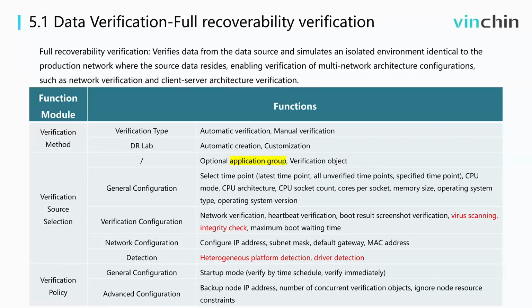For verification source selection, we support optional application group verification object. For the general configuration, now support the select the time point, the CPU mode, CPU architecture, CPU socket count, core per socket, memory size, operating system time, and operating system version.